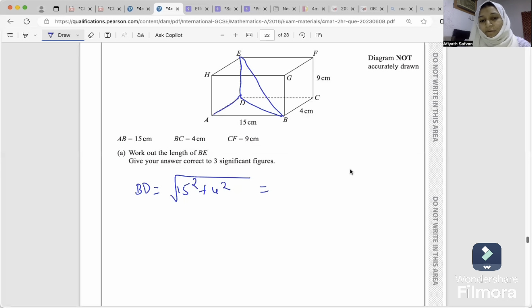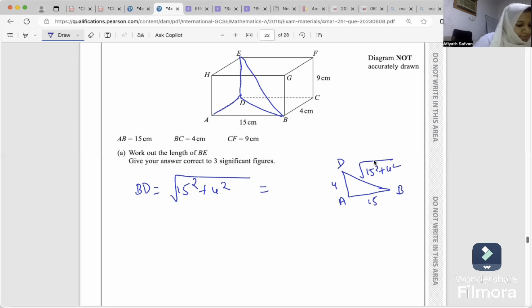If you want, I will draw the triangle, which is BDA. So AD is 4 and this is 15. So BD is the square root of 15 squared plus 4 squared, which is root 241. Okay, keep it.